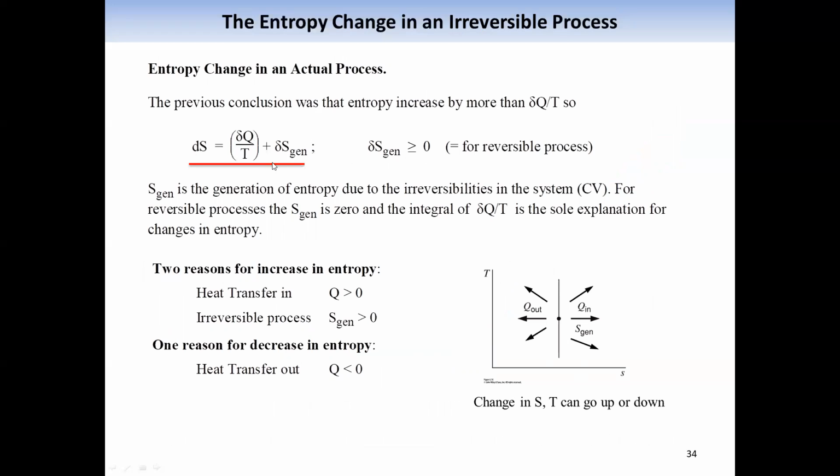So this is the term we call entropy generation. And this term is always greater than or equal to 0.